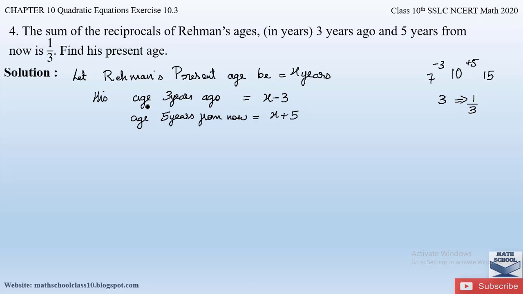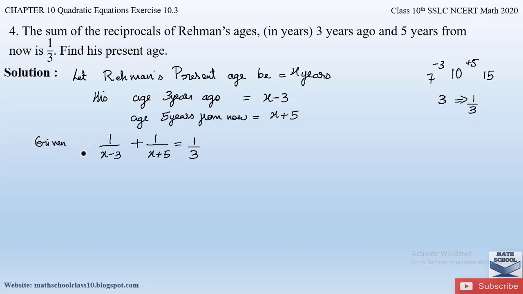So the reciprocal of his age 3 years ago is 1 by x minus 3, and we take the sum, since they are saying the sum of reciprocals. Again, the reciprocal of x plus 5 will be 1 divided by x plus 5, is equal to 1 by 3. So this is what is given in the question.